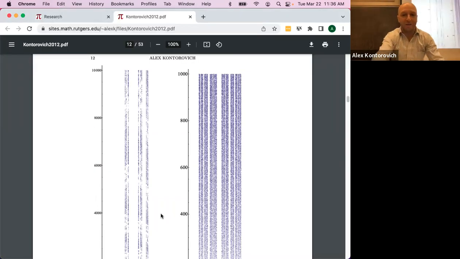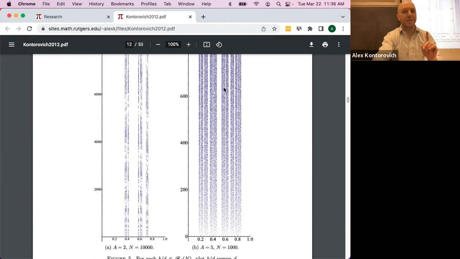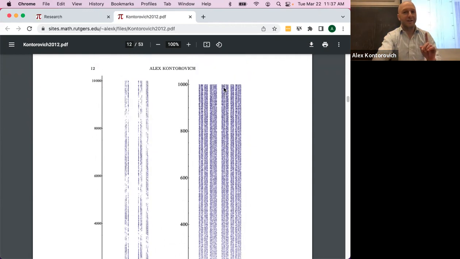So for D equals 5, there's no gap. There's no known gap. Here I've drawn it horizontally, every single horizontal ray has some B's in it. And wait, so would that mean delta 5 would be 1? No. Delta 5 is the dimension of this limit set. So this is still a Cantor set. Well, what is delta 5?